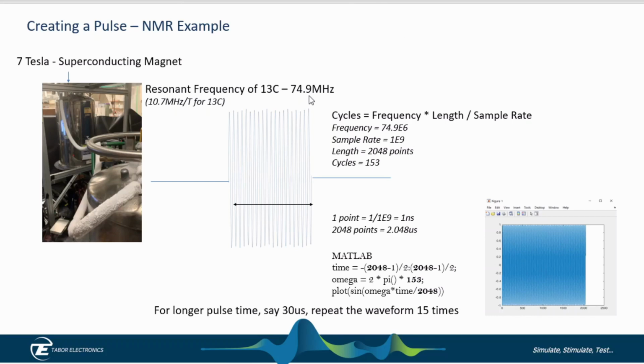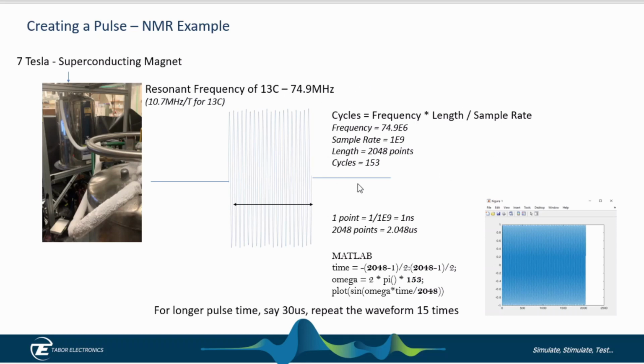Let's go to a real life example and create a pulse. This is an NMR example, so I have a 7 Tesla superconducting magnet here in the background, and the resonant frequency for carbon-13 is 10.7 megahertz per Tesla. So the resonant frequency of carbon-13, by plugging some numbers in here, is 74.9 megahertz.